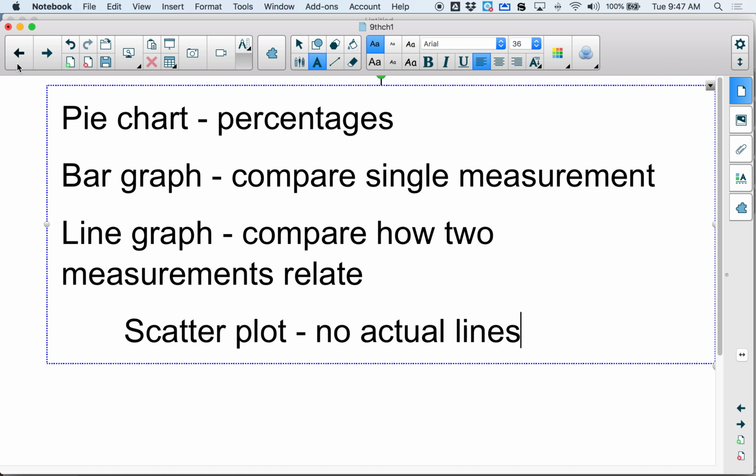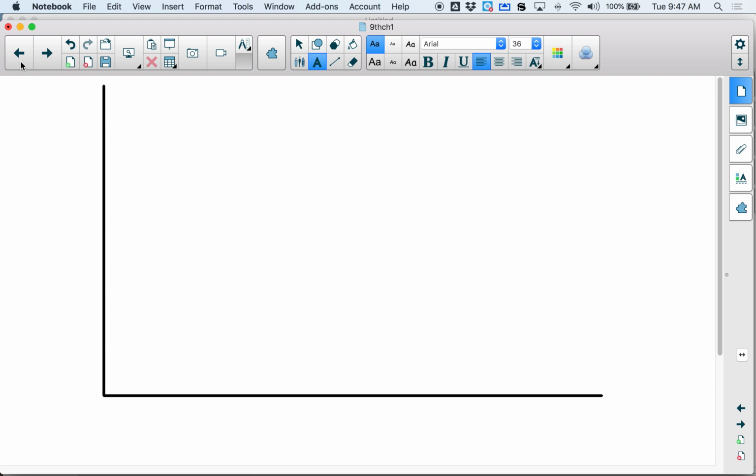All right, let's go back to this. So here we see the axes of a graph. A lot of times in math they like to call this the y-axis and this the x-axis. That's fine, but there's a problem with that when we get to physics.